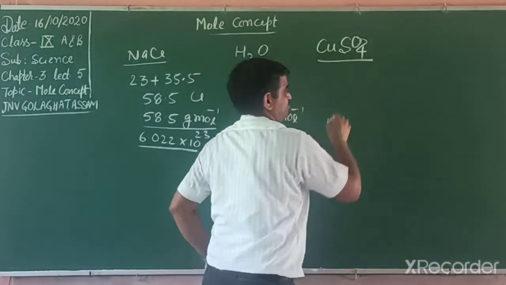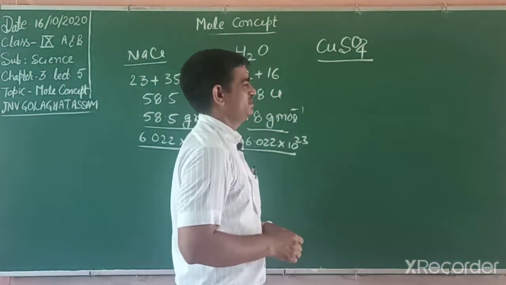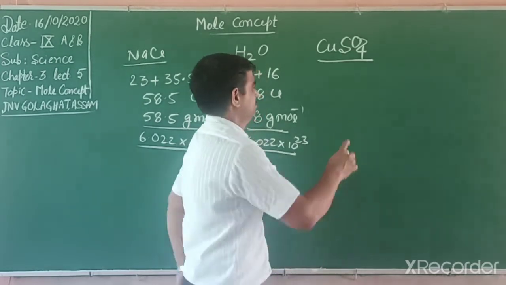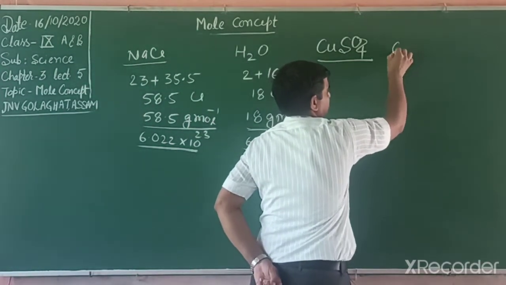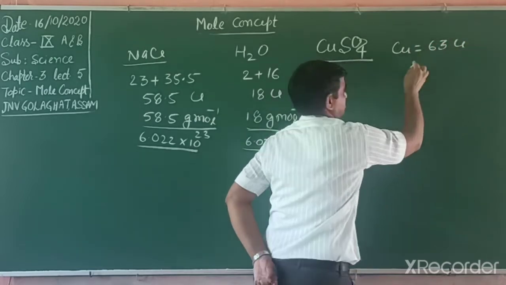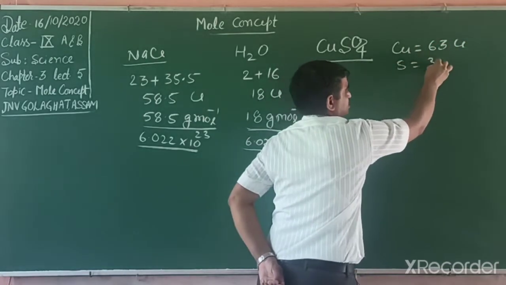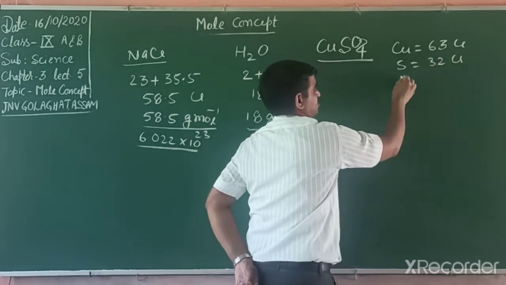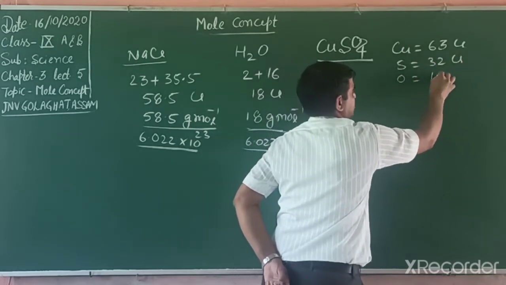Another, copper sulfate. How can we find it? Copper mass is given in your book, that is 63 unified mass, sulfur 32 unified mass, and oxygen we know 16.